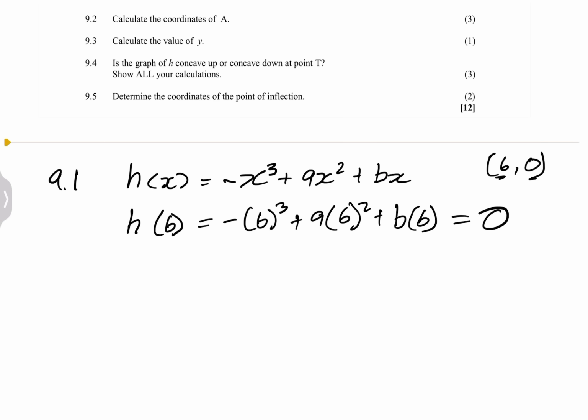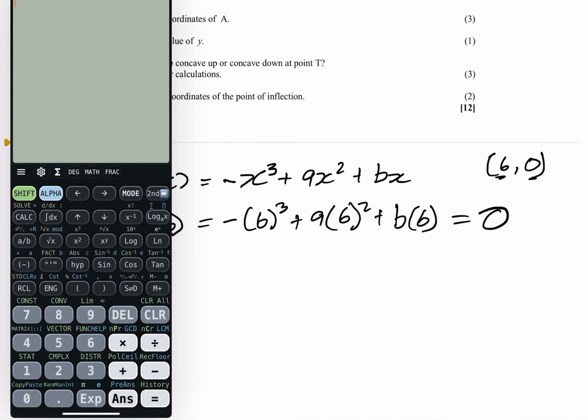All right, now let's try and get that there. We've got 6 cubed, which is 216. So we've got negative 216 plus 6 squared is 36a plus 6b. This is all equal to 0.